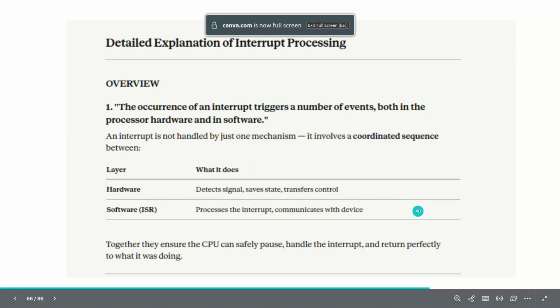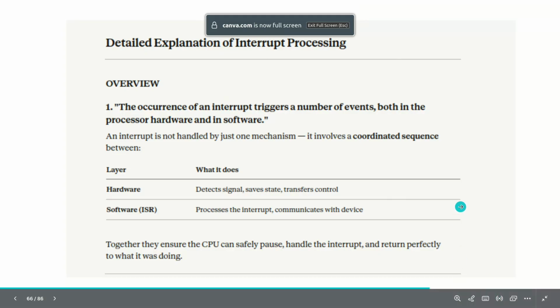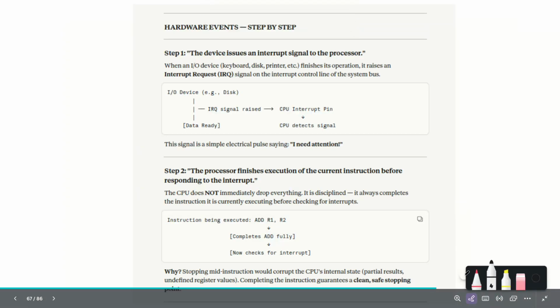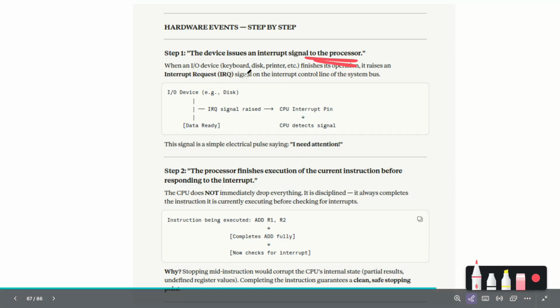So let us understand the hardware part of interrupt processing. You just have to understand the steps here. First, the interrupt signal is given to the processor. That is, the interrupt request signal is given to the processor by the IO module.